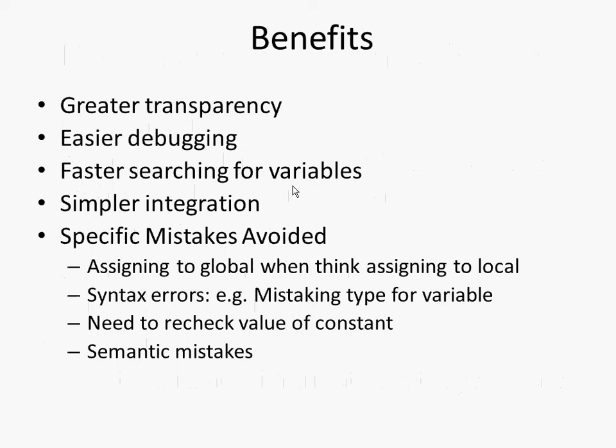You mistake the type associated with the variable and you get a compiler error. You need to recheck the value of a constant. In other words, there's a value that hasn't changed, but you end up needlessly rechecking it later because you don't know that it's a constant value. And then mistakes where you assign something measured in kilometers per hour to something that's measured in miles per hour. Okay?